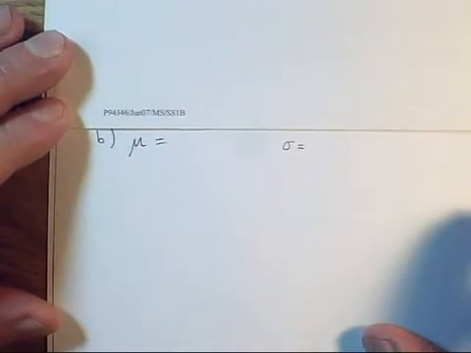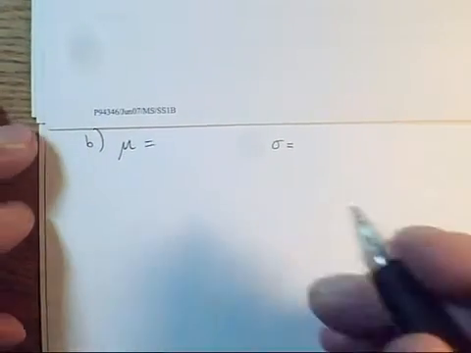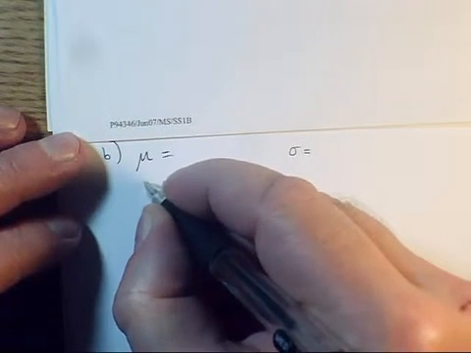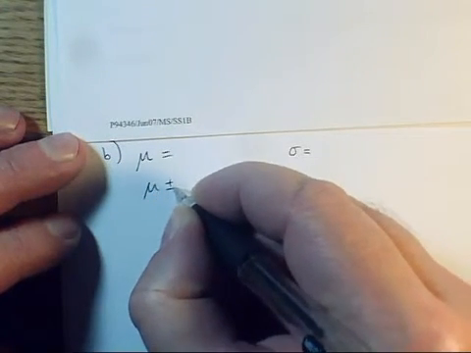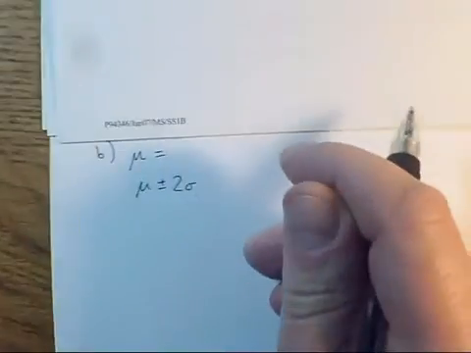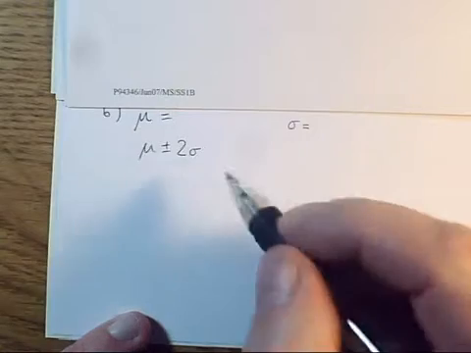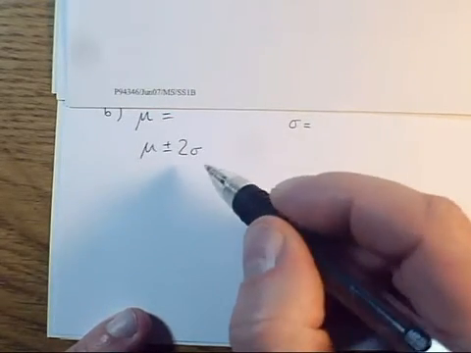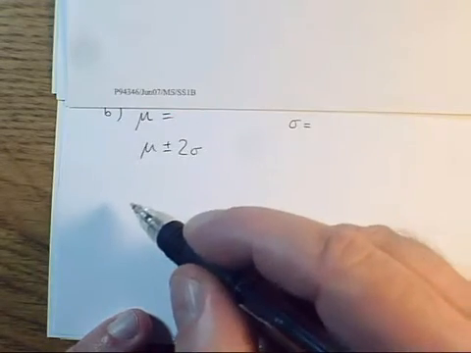Well, it's to do with the percentage probabilities that are in your notes. But the one that I always suggest you look at is to consider values of mu plus or minus 2 sigma. Because if you look that up, you'll be able to say the percentage of values that should be more than mu plus 2 sigma, and the percentage that should be less than mu minus 2 sigma.